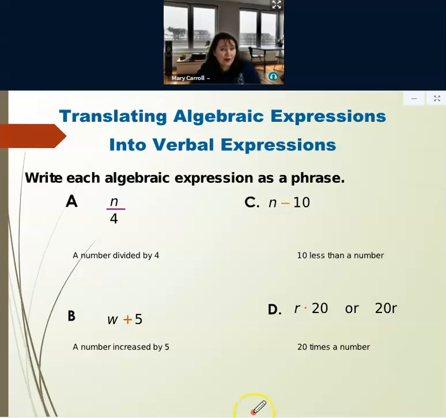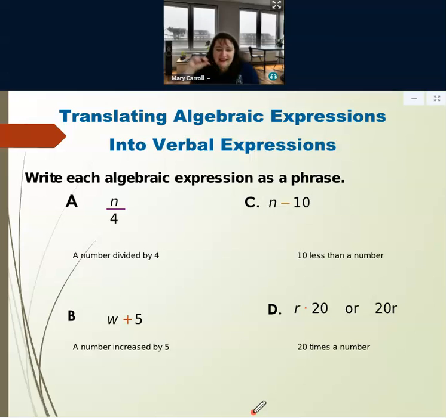Alrighty, I just wrote 1, so I kind of cheated a little bit. Sorry about that. A number divided by 4, but I could have said the quotient of n and 4. And on B, it's w plus 5, so a number increased by 5, a number added to 5, a number plus 5. C, I could have had n minus 10, 10 less than a number, decreased by 10, a number minus 10, those are my 3.